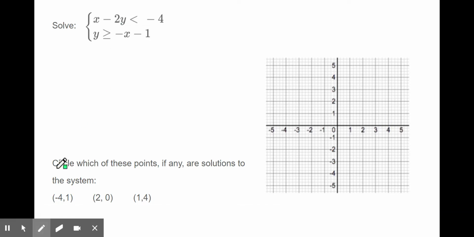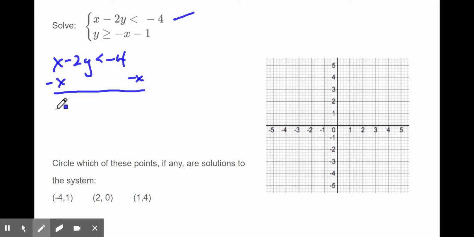So let's go for x minus 2y is less than -4. Okay, so this has to be solved for y. So we're going to subtract x on both sides. -2y is less than -4 minus x. We're going to divide everybody by -2.